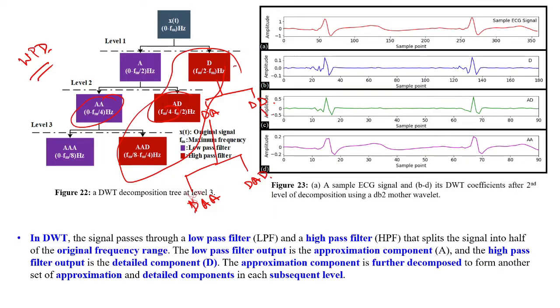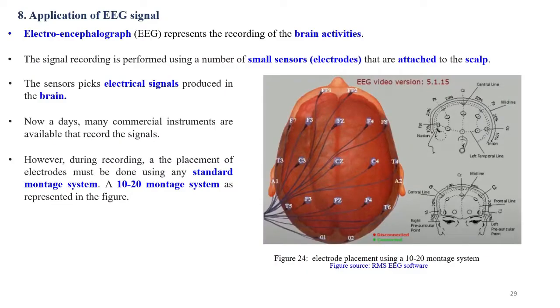And similarly, this can also be broken down in the next level, so we will get dda and ddd. So that becomes the wavelet packet coefficients, when both the approximate and the detailed coefficients are broken down in terms of the frequency components.